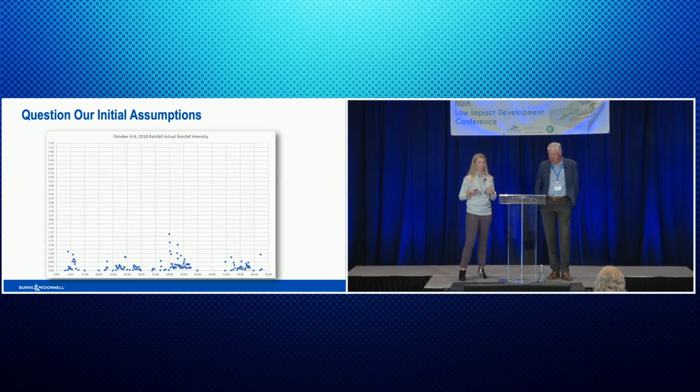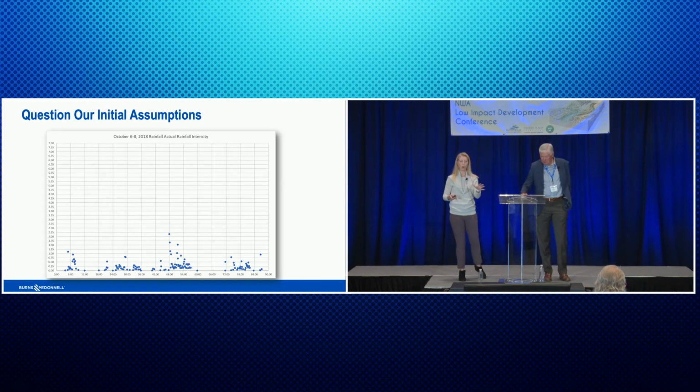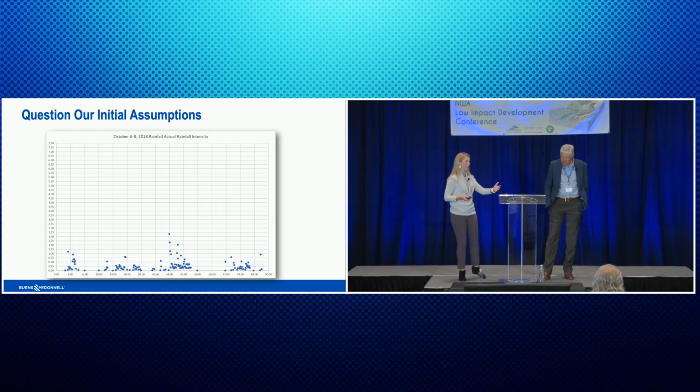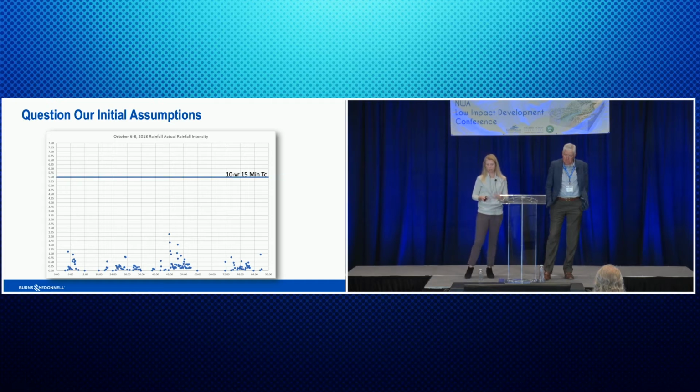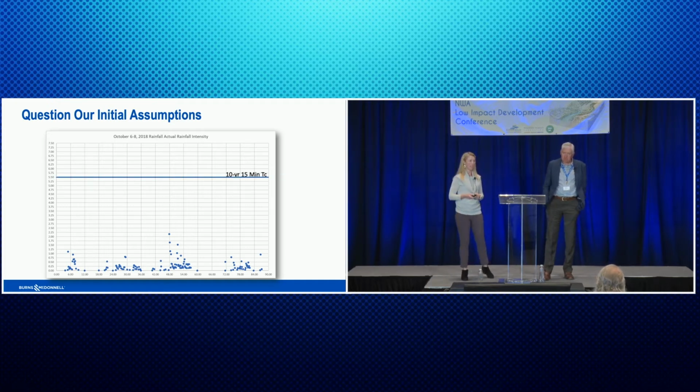So this is that same event plotted as points on the x-axis of this graph. And we're going to relate this back now to our timing, so how water, again, moves through the watershed. Remember that time of concentration assumption. So for our hypothetical events, if I plug in a 15-minute time of concentration, look where that intensity is. It's way above what that one event in 2018 looked like, or a typical event, okay?